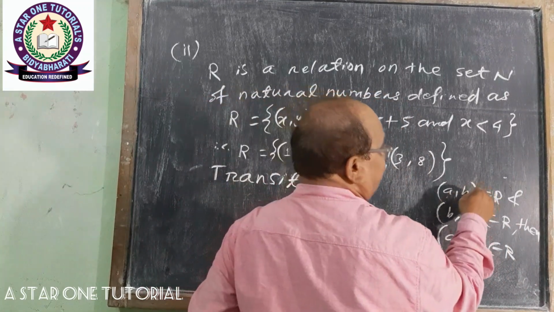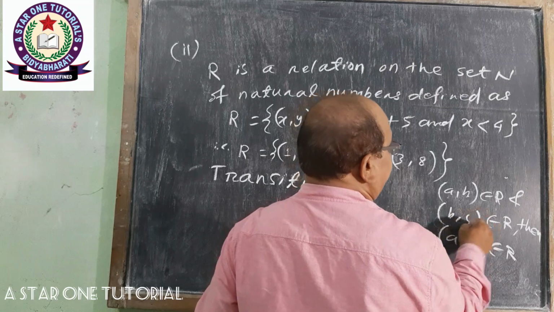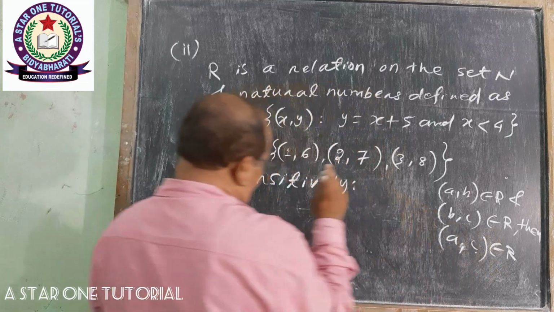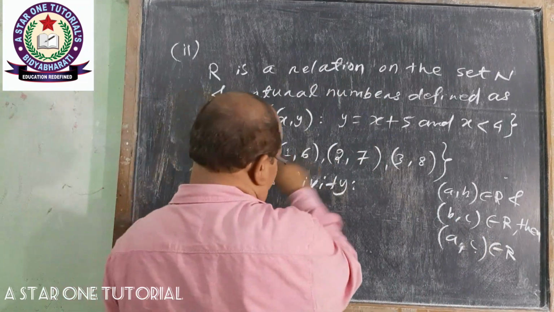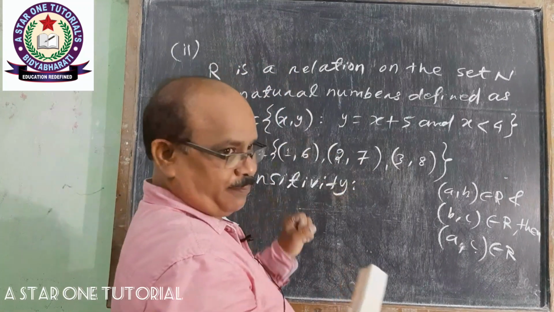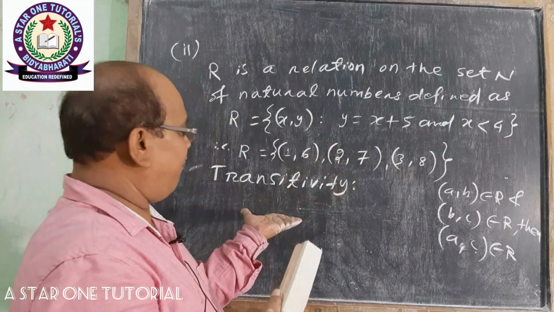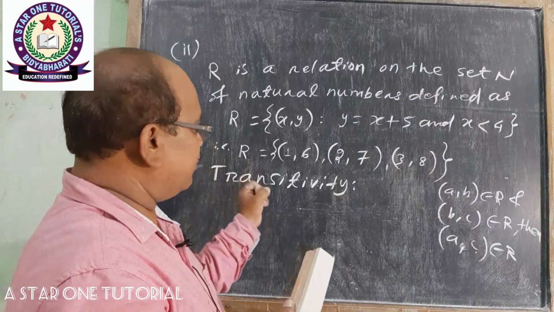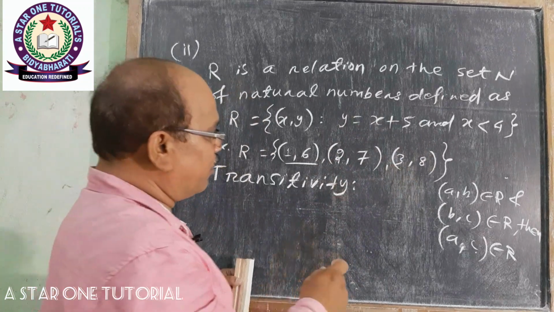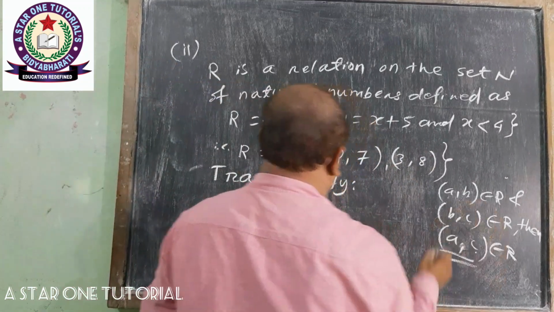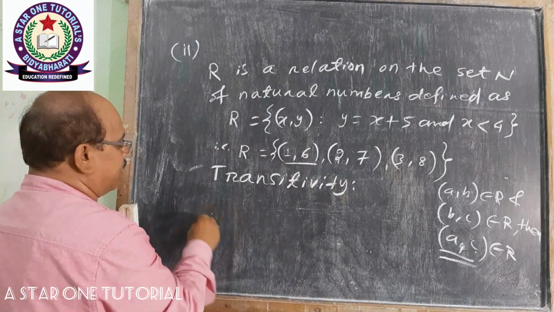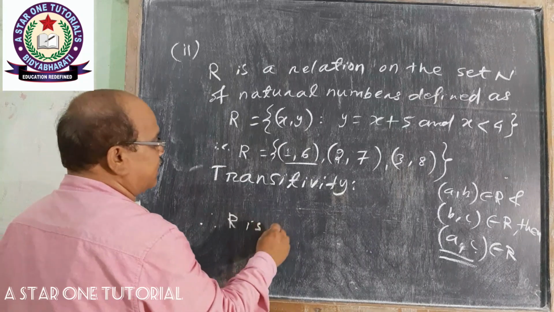A is related to B and B is related to C, so that implies A is related to C. Now look here, 1 is related to 6. Is there any pair which starts from 6? There is no such pair. That means we cannot compare this one with any other element. Therefore this condition is not violated here. Therefore we can say that this relation is transitive. Therefore R is transitive.